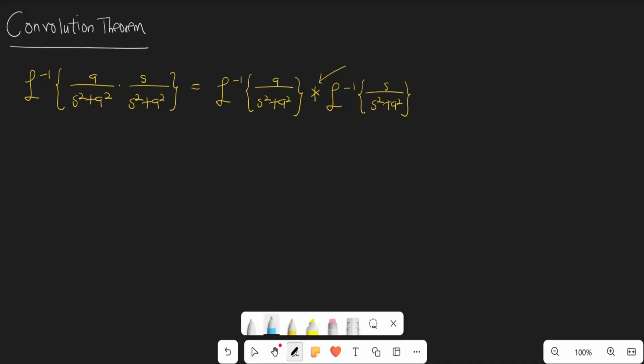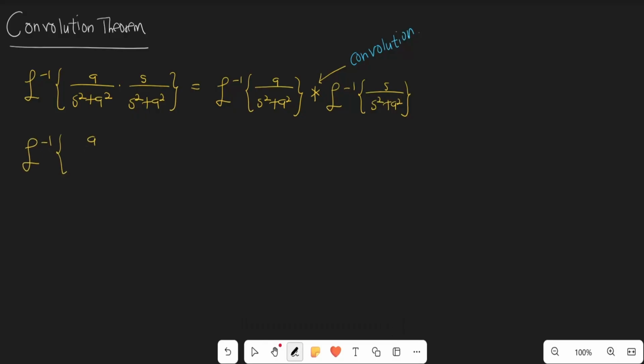Let me write it here in a different color. The asterisk sign is what we call the convolution. So if you have the Laplace inverse of the product, that is a over s squared plus a squared multiplied by s all over s squared plus a squared, this one is normal multiplication.